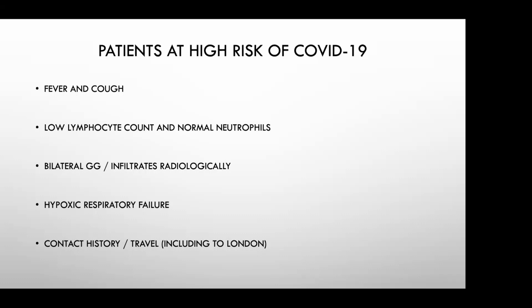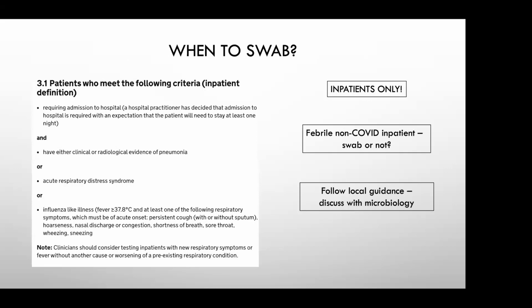There are quite a few patients who I've come across who have got no symptoms, are not hypoxic, but have a markedly abnormal x-ray that turn out to be swab positive. So really, all of these in isolation could suggest a patient who's got coronavirus. It doesn't necessarily mean they need rapid treatment or even admission, but it is just worth being aware of.